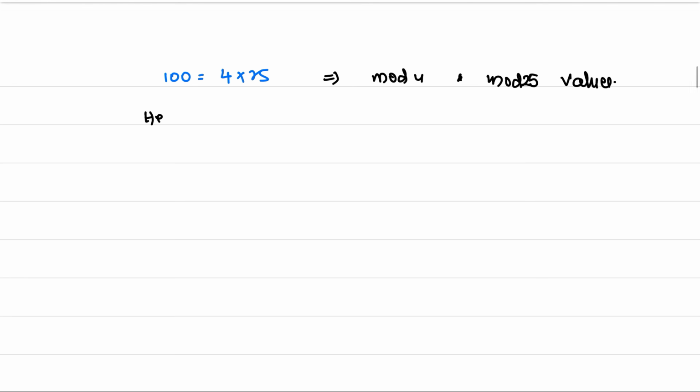Here we use the Chinese remainder theorem. How to use this Chinese remainder theorem? I have already explained in my previous classes.